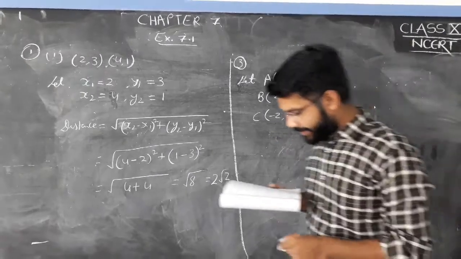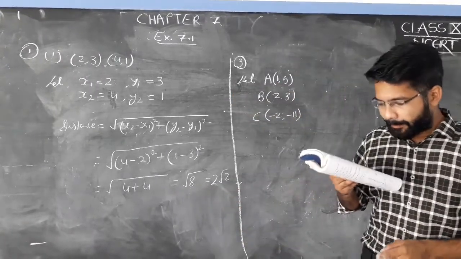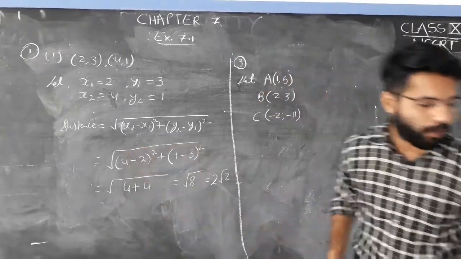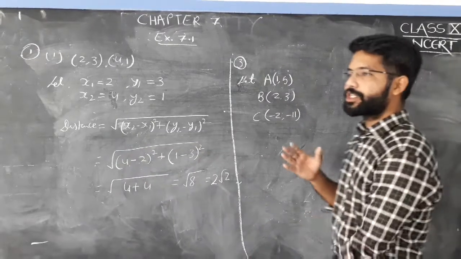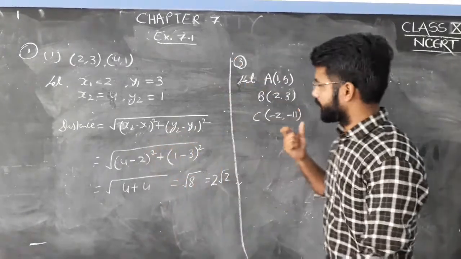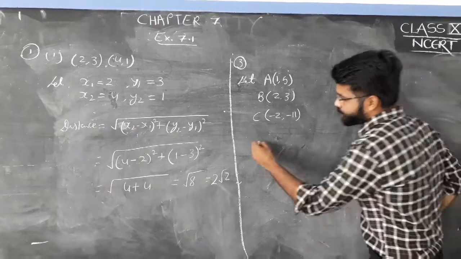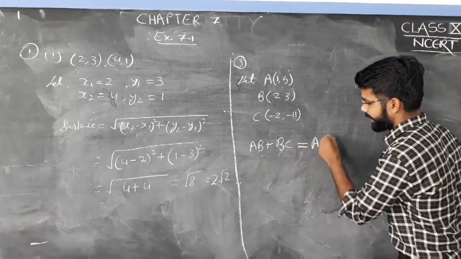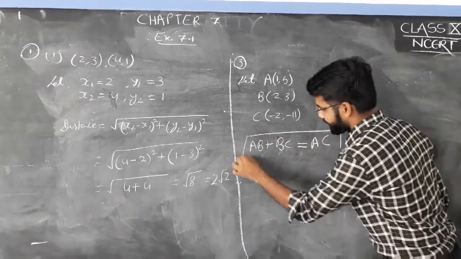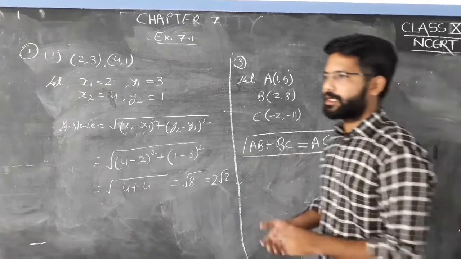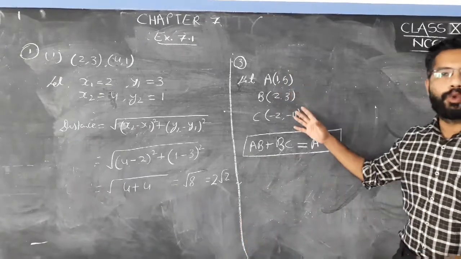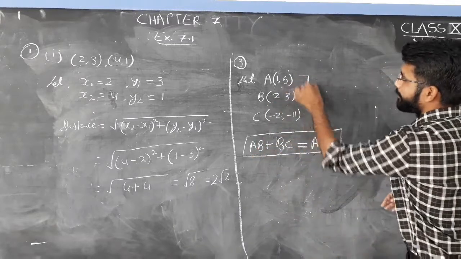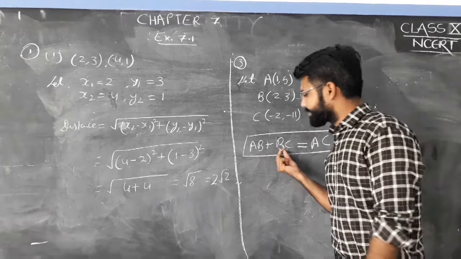If the points 1, 5, 2, 3 and -2, -11 are collinear, only one condition you should keep in mind for collinearity: AB plus BC should be equal to AC. When this condition is satisfied, then you can say that these are collinear. How will we find? First we will find the distance between A and B, then the distance between B and C.